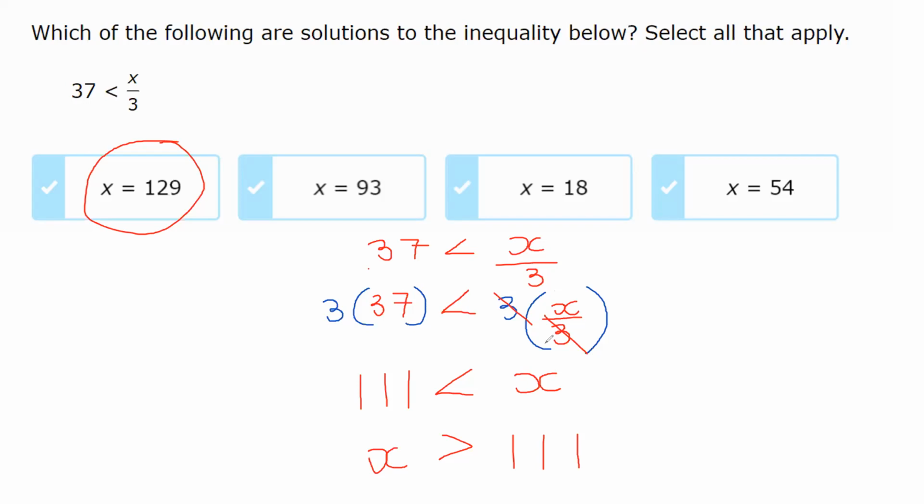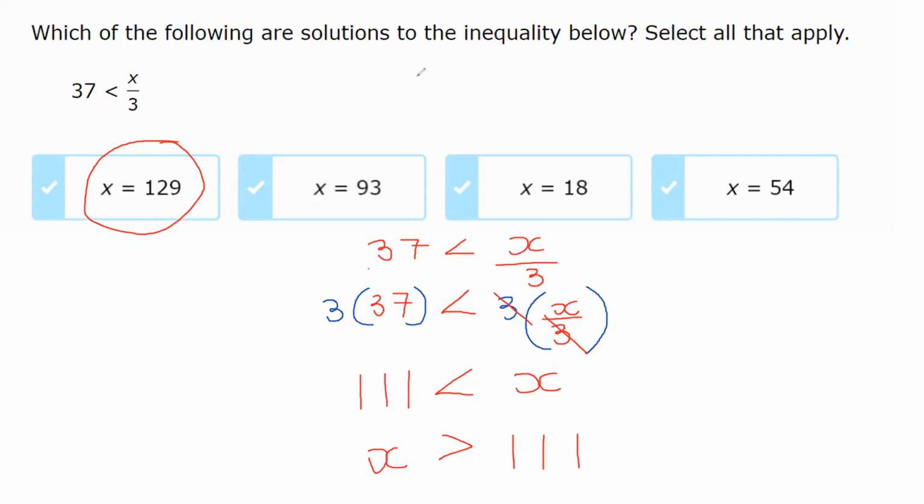And we put x is greater than 111. Very good. So what numbers are greater than 111 in this particular question? X is equal to 129. Very good.